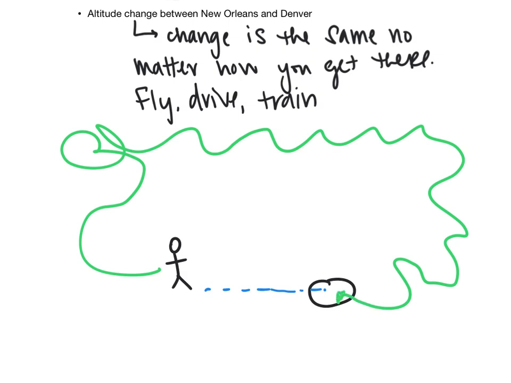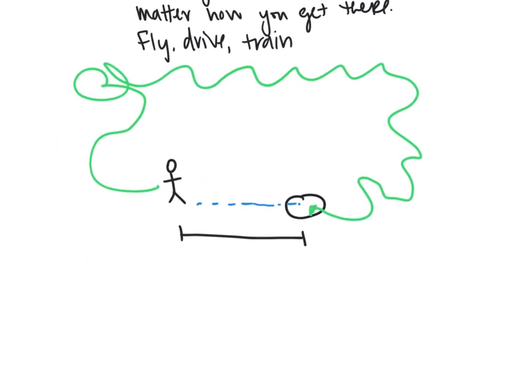A state function tells us that if we are measuring distance, it is path independent. Basically, the physical distance between where they started and where they ended is the same, whether they walked directly there or they ran all over the place trying to get there. So path independent tells you it doesn't matter. Path dependent tells us that the amount of energy it took you to get there is dependent upon the path.